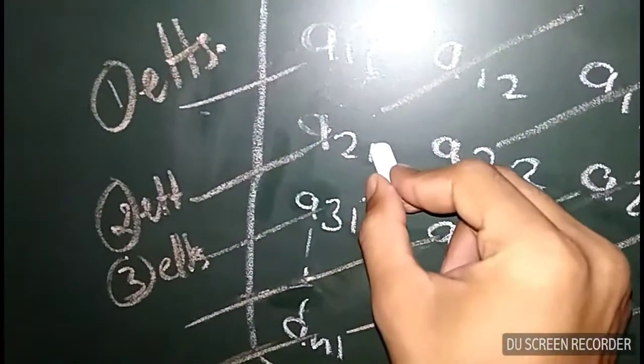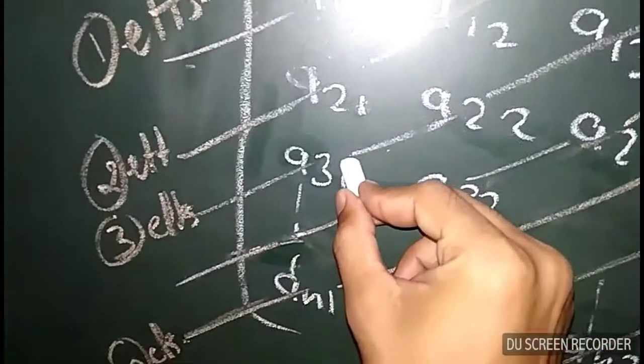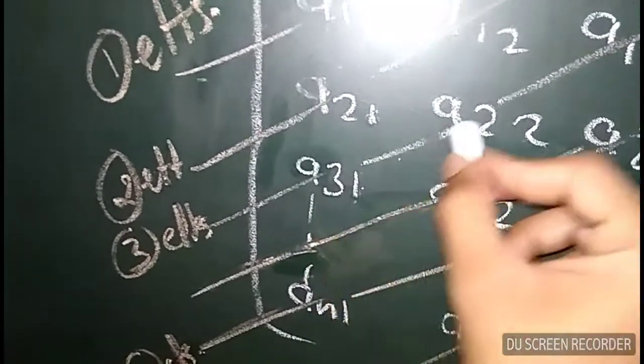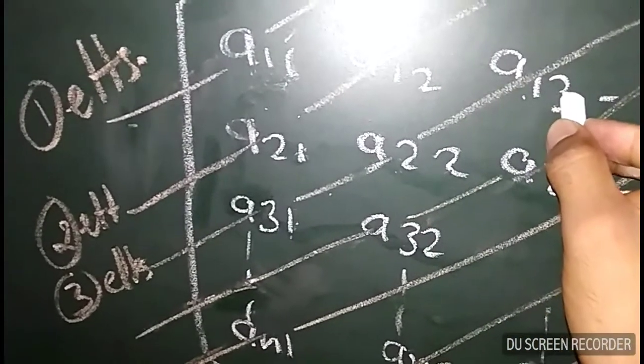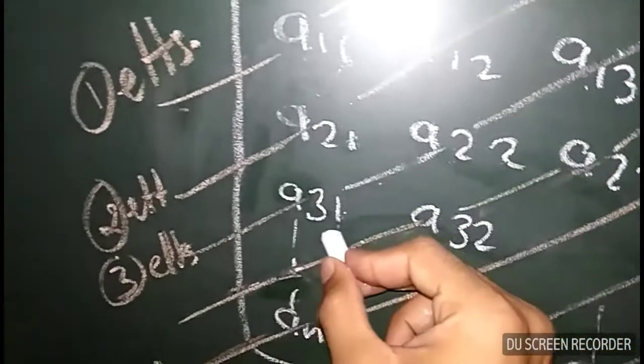If the sum is 3, there are 2 elements. If the sum is 4, that is 3 1, 2 2, 1 3, then we see there are 3 elements, first, second and third.